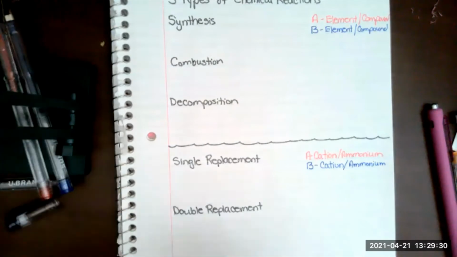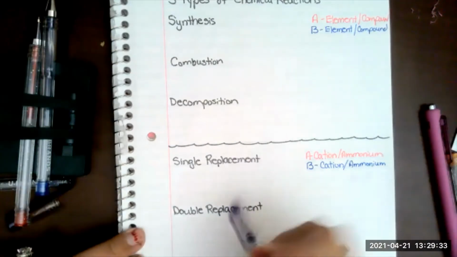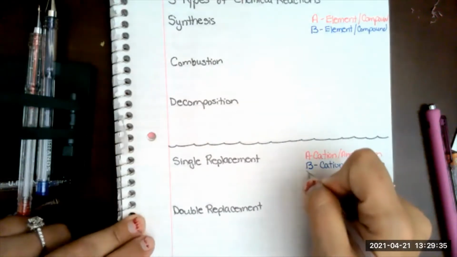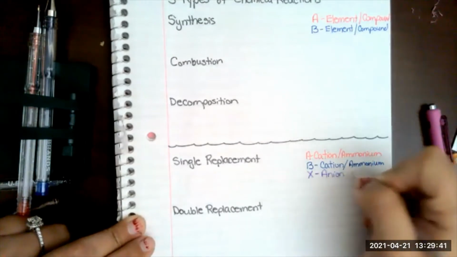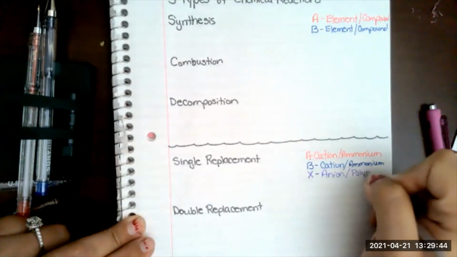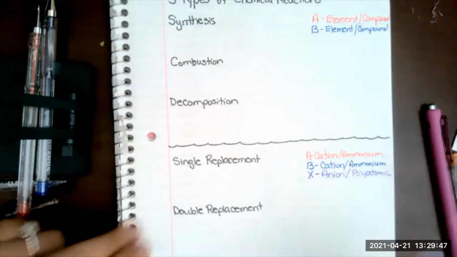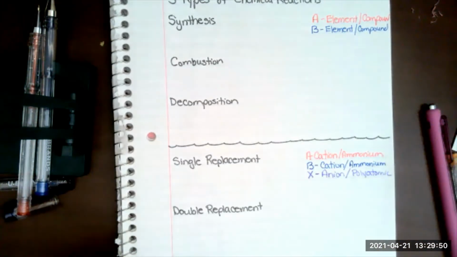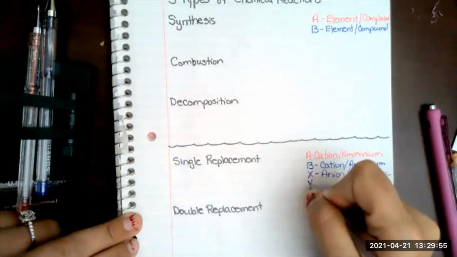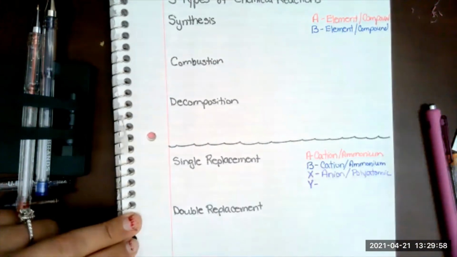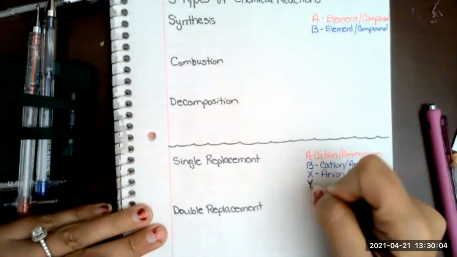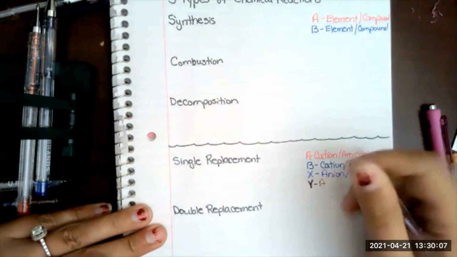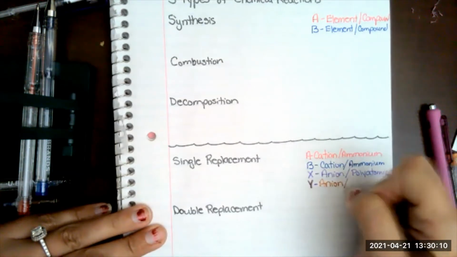Then there are 2 additional parts of single and double replacement. You have your X, and your X is your anion or polyatomic. And then you have a Y. And that is going to be the same color, oops, sorry. It is also going to be an anion or polyatomic.